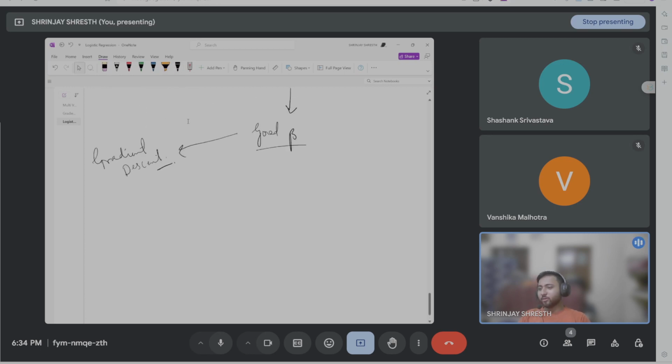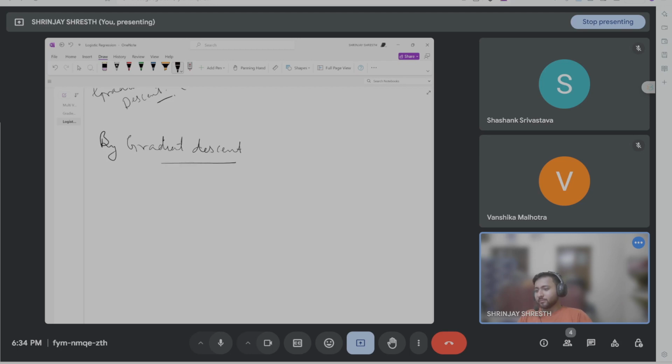So see, if I have to get a good beta, can I say by gradient descent, your beta j should be equal to beta j minus your learning rate times del of your cost function.